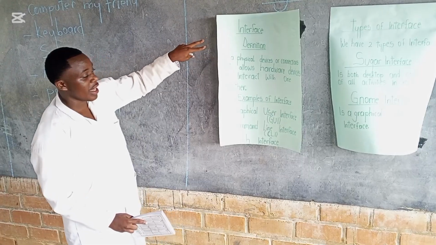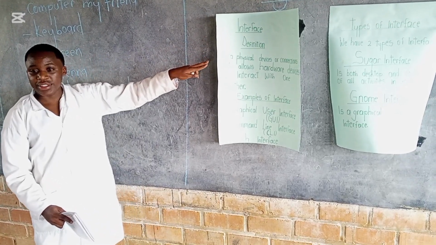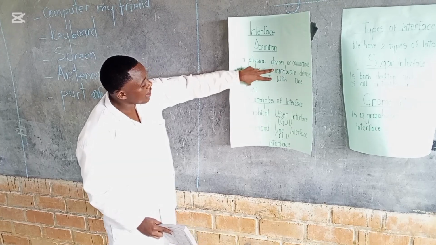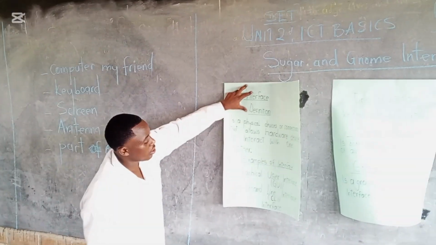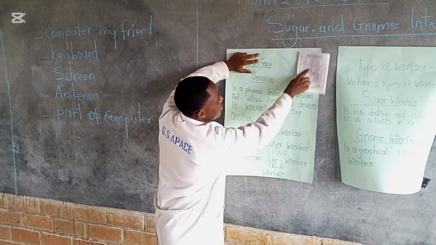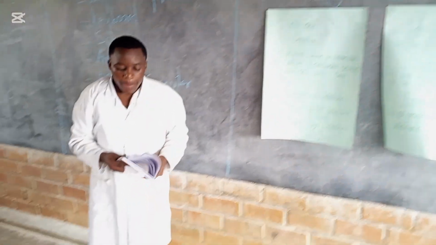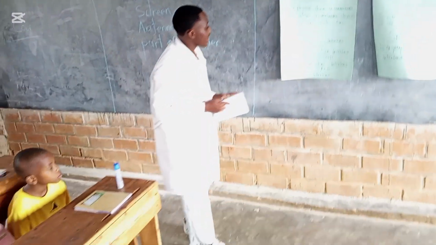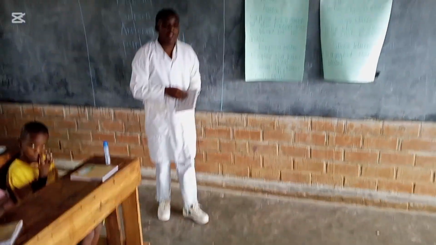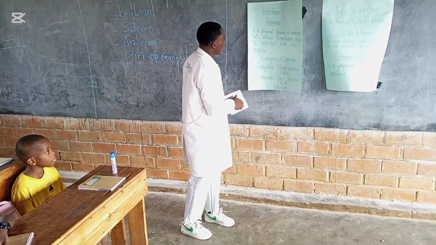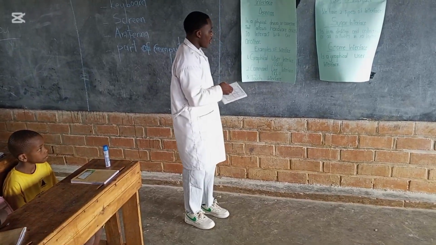And also we have the examples of interface. First example is graphical user interface. This graphical user interface is a type of interface that allows users to interact with electronic devices through visual elements.